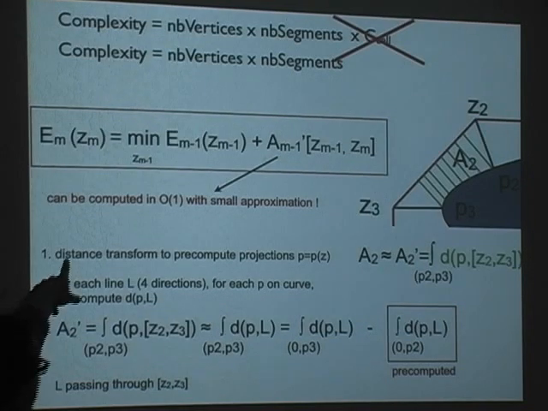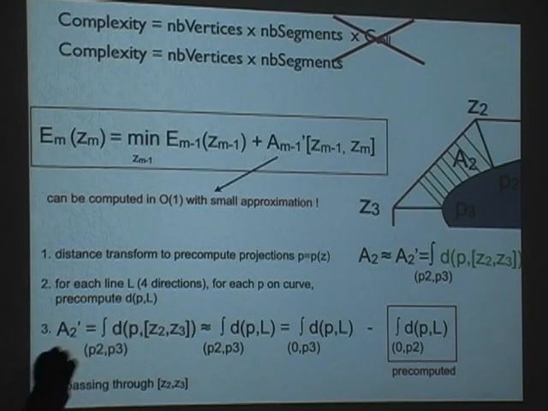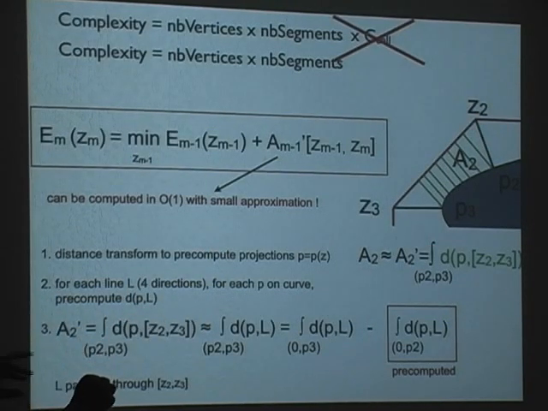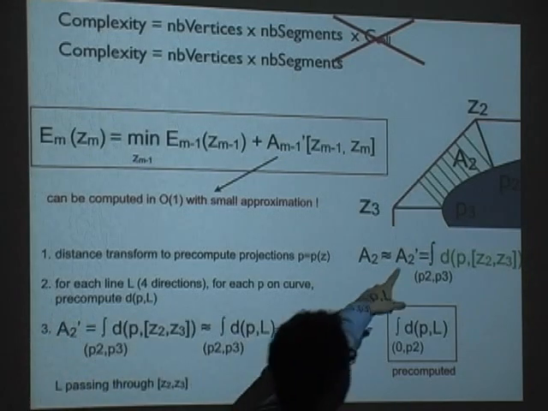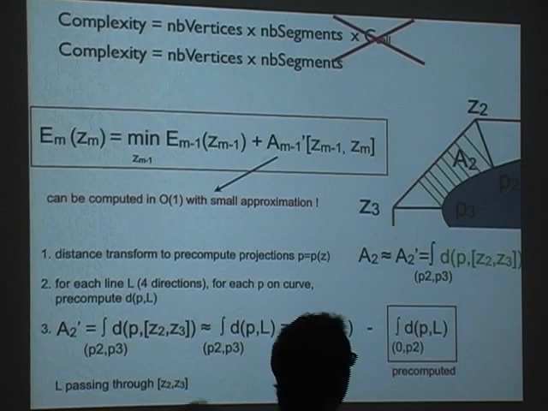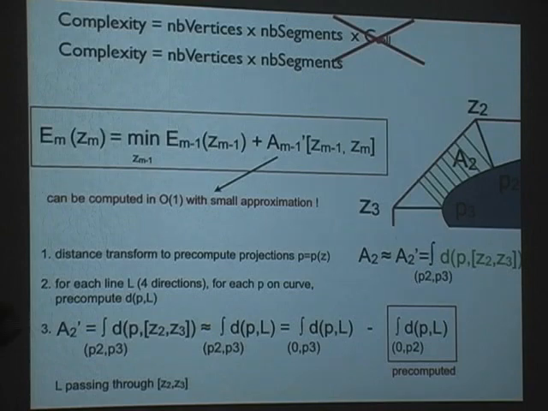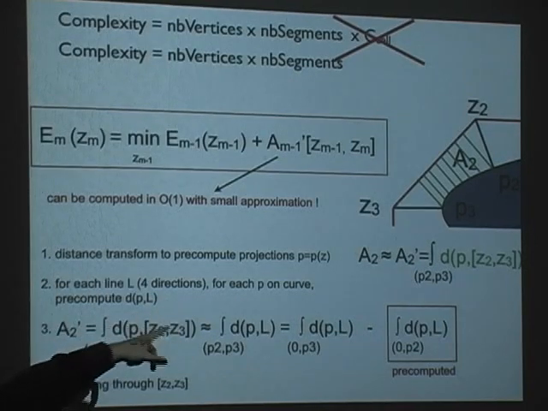So the key here is to notice that given the previous vertex z2, we can compute the error of having a z3 in constant time by having a bunch of pre-computations. First of all, we pre-compute the projections.